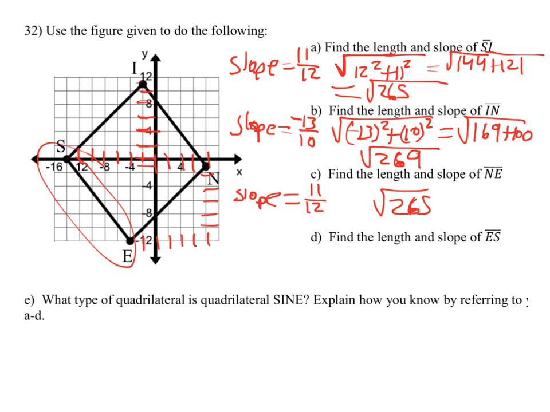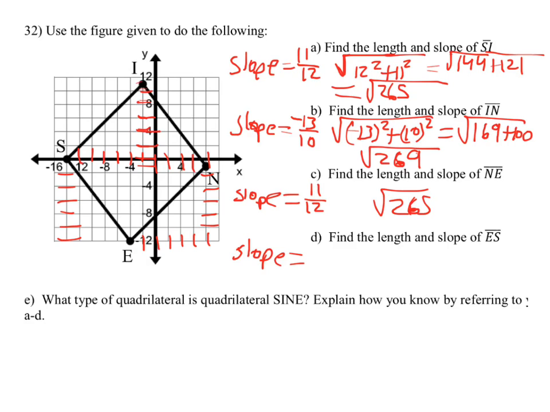And SE looks awfully similar. Let's get the slope of that real quick. So you've got to go down 1, 2, 3, 4, 5, 6. Oh, I totally messed up what was going on here.